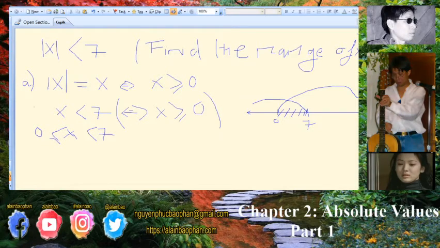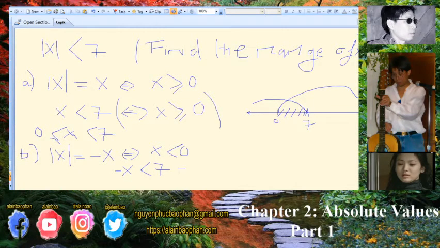Okay, and we have the B case. When absolute value of x will be minus x if x is less than 0. So we substitute minus x here, and we have minus x less than 7.